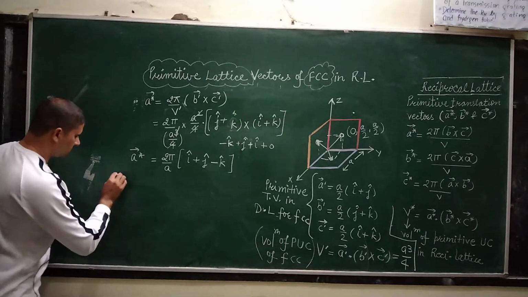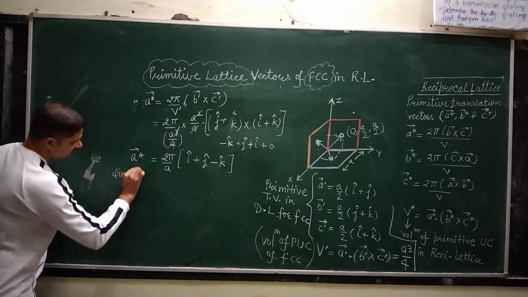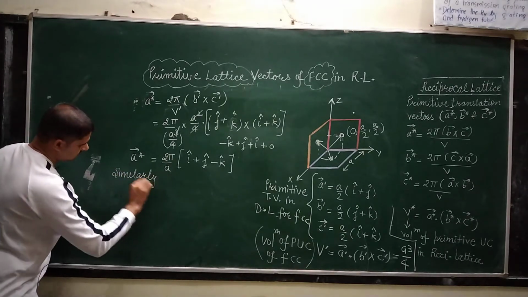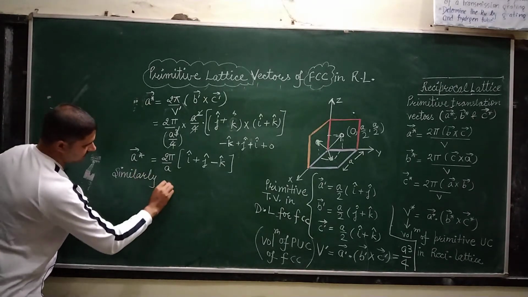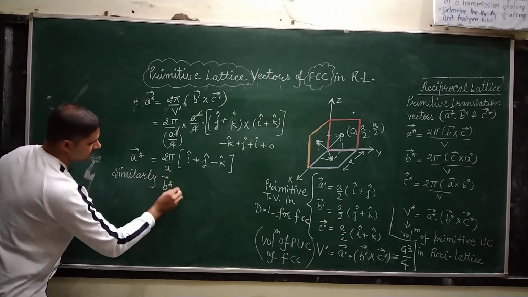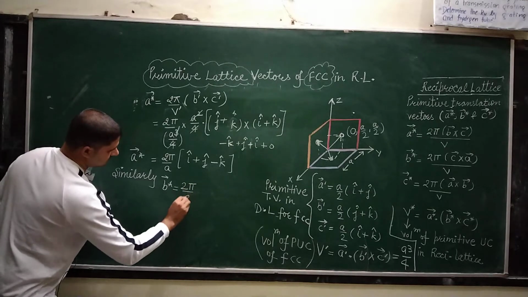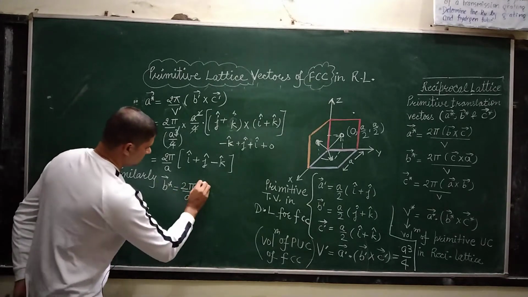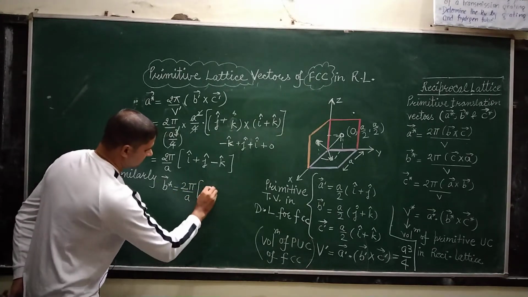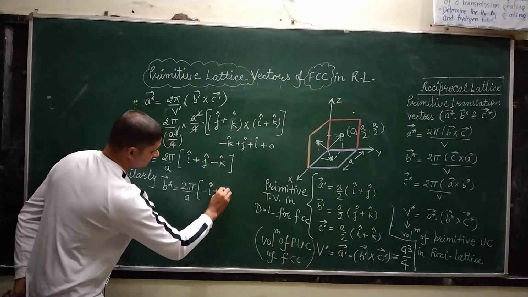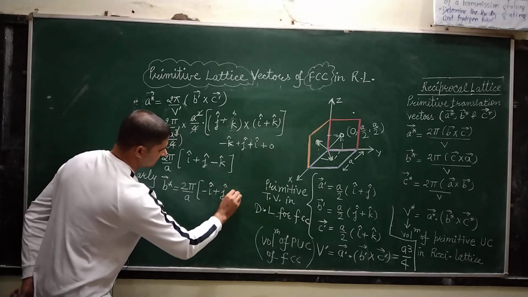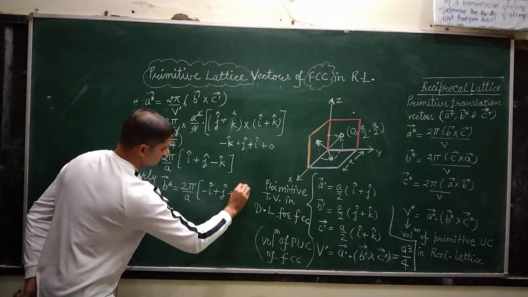Similarly, you can find B star and it will be 2 pi by a into minus i plus j and then plus k.